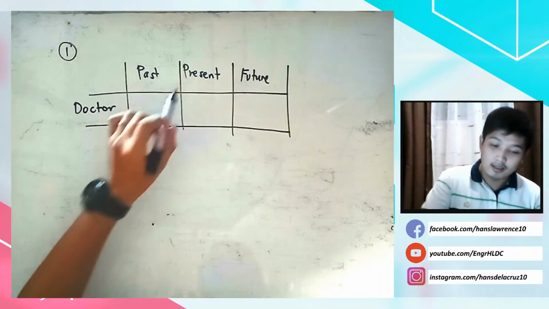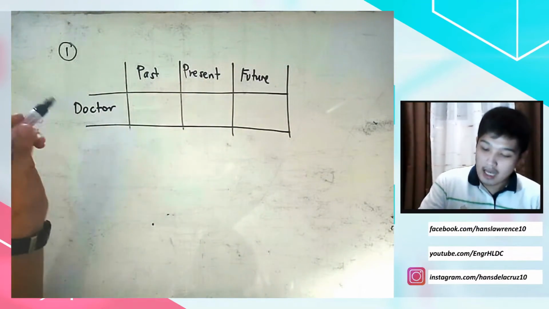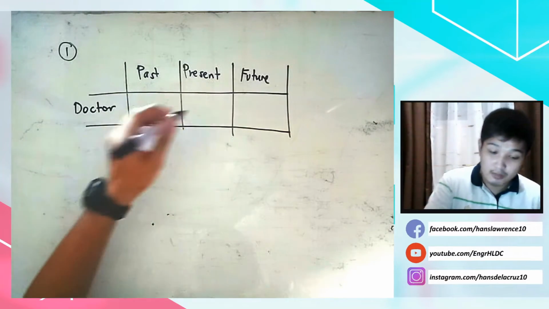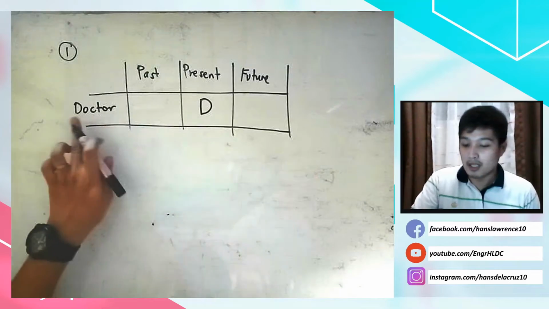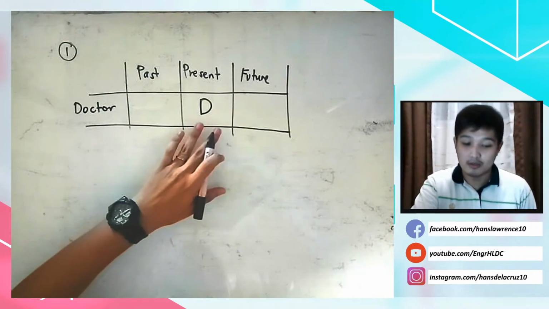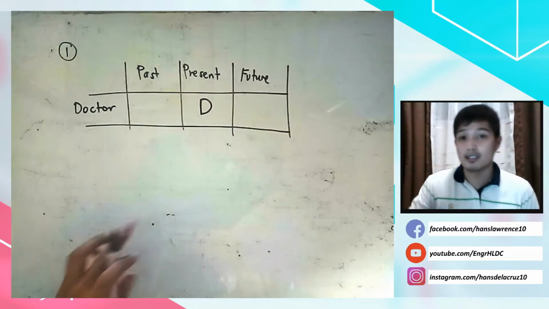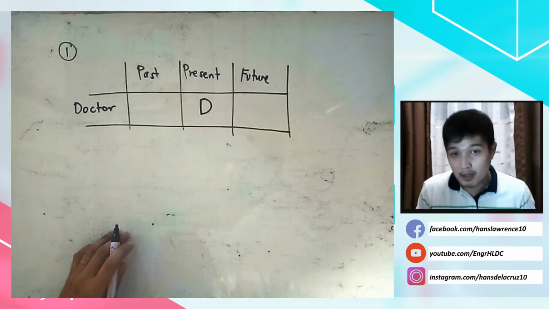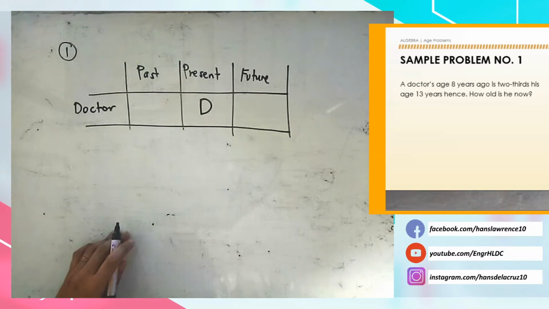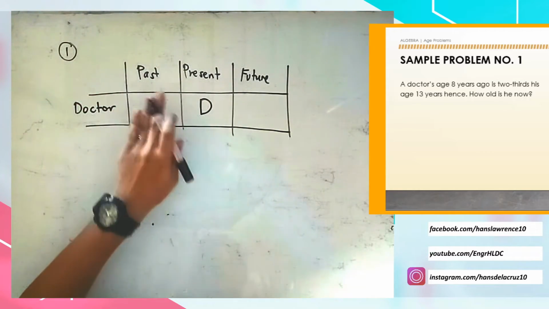Always mag-start tayo sa present. At present, let the doctor's age be letter D. Use natin yung initials nila para ma-represent yung age niya at present. D years old na siya at present. Sabi, a doctor's age 8 years ago, so sa past, that is 8 years ago.